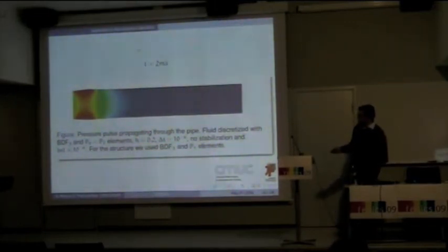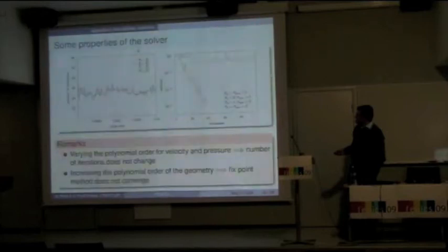There is no stabilization, and we use BDF3 for the structure and P1 elements for the space discretization. So you see the pressure waves going through. This is a very recent result, and here are some properties that have just been gathered.